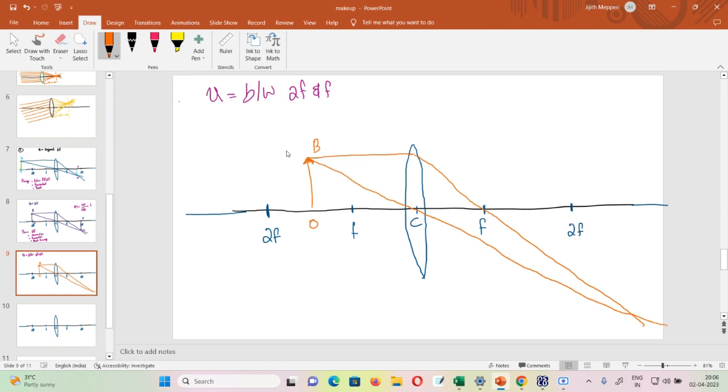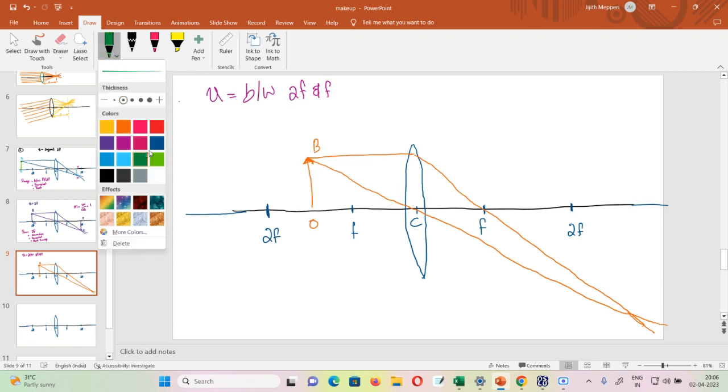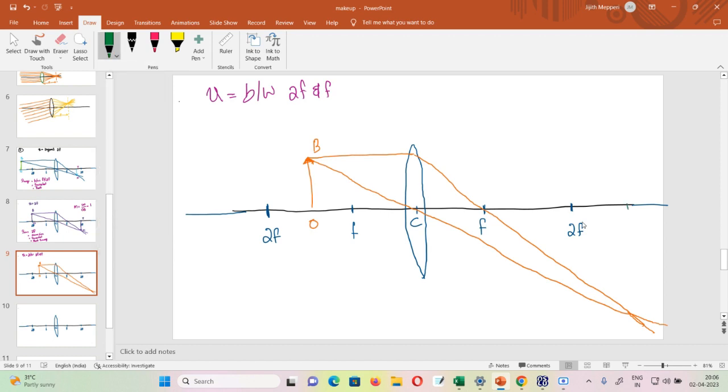So you can see that they will cross at a point which is beyond 2f, and that point will be my imaging point, and you can draw the image at that position. We can practice it with a scale and pencil, or we can see how it can be modeled. So what happens here?